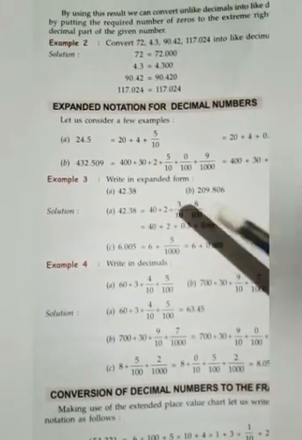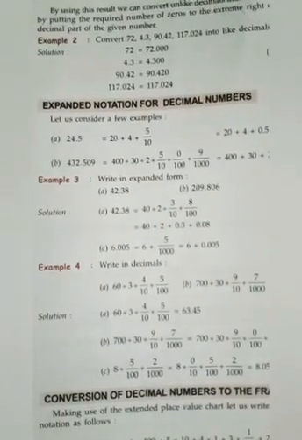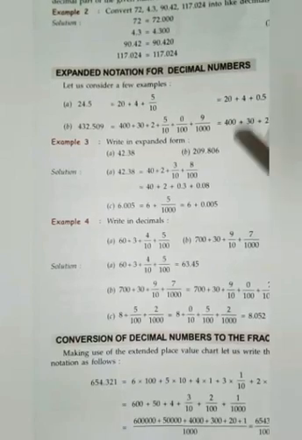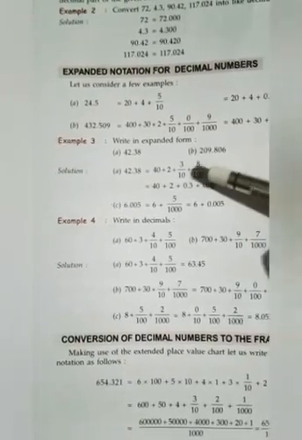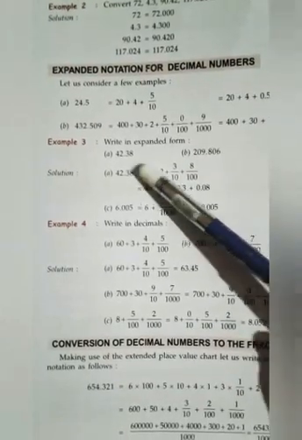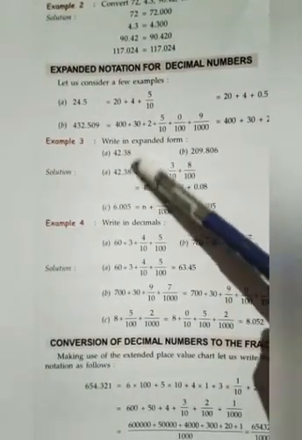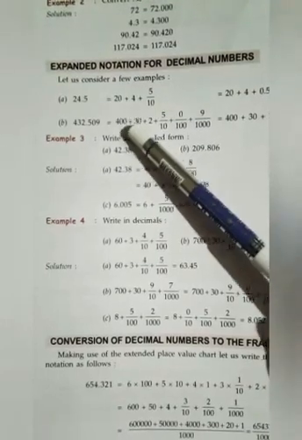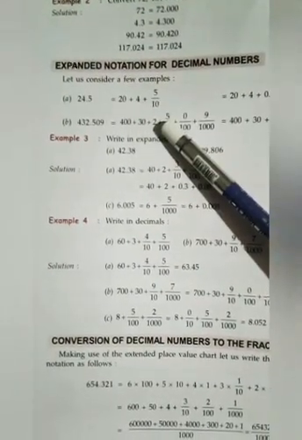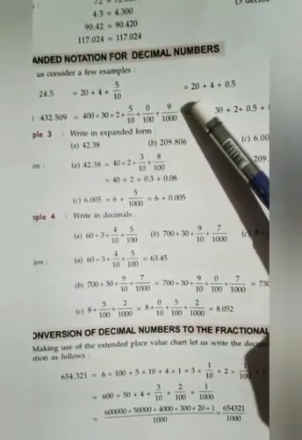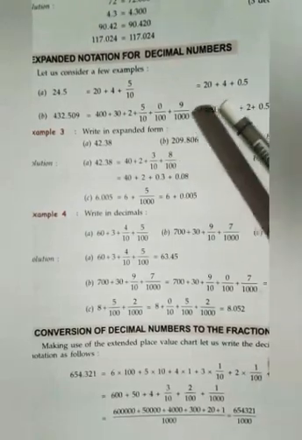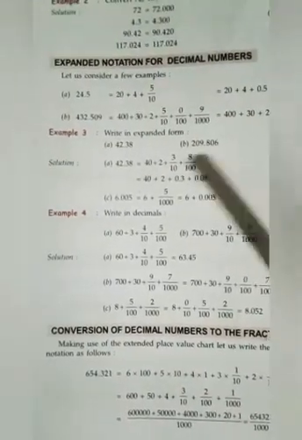Then expanded notation for decimal numbers. Children, here you see some examples. 24.5 equals 2 means 10's place and 4 means 1's place. So 20 plus 4, and 5 means, children, 1 by 10th place. So 5 by 10. So 20 plus 4 plus 0.5. Children, 5 by 10 means 0.5.